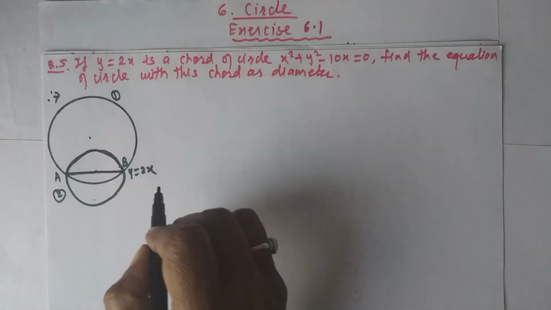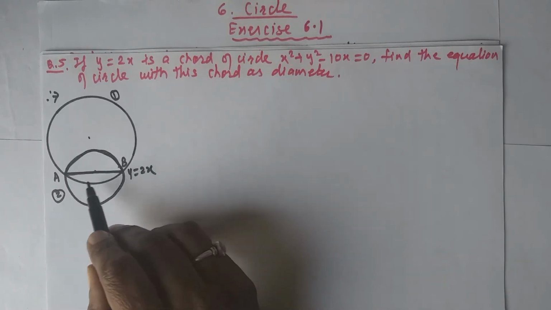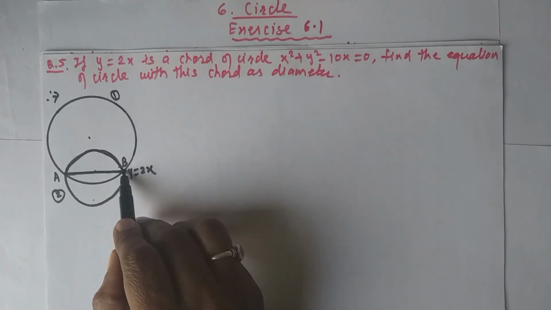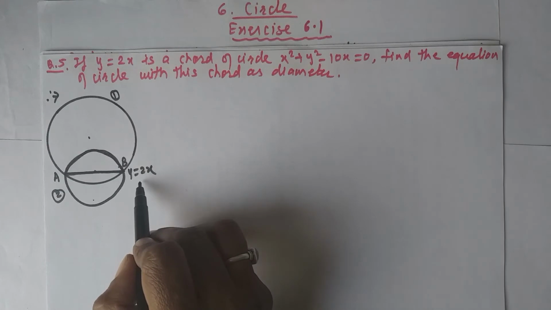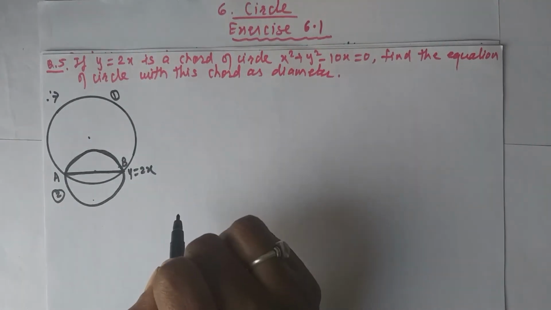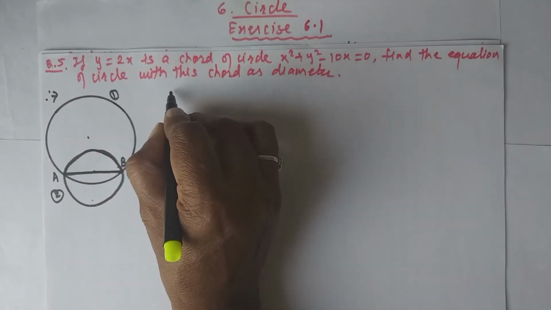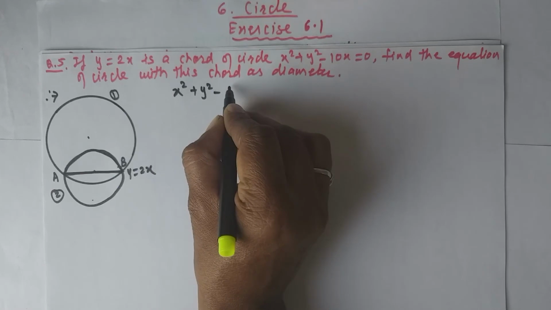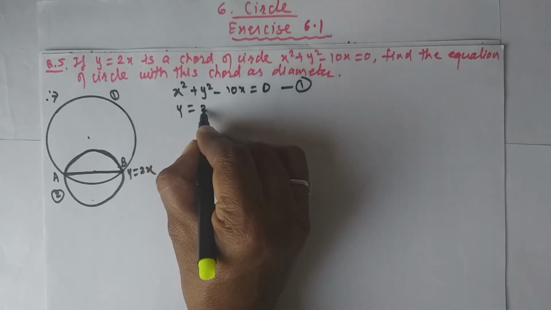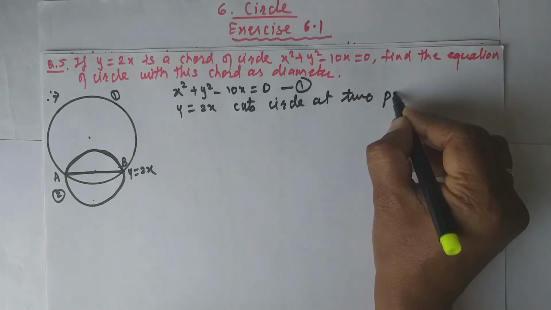Now see here, the line y is equal to 2x intersects the circle at these 2 points. Means if I keep the value of y as 2x in this equation of the circle, then I will get the points of intersection. Therefore suppose this is equation 1.